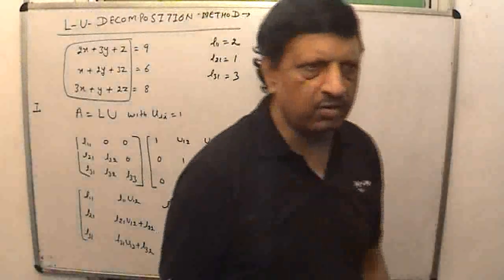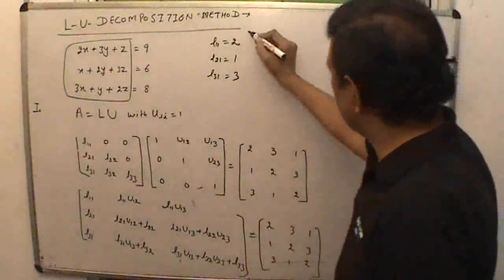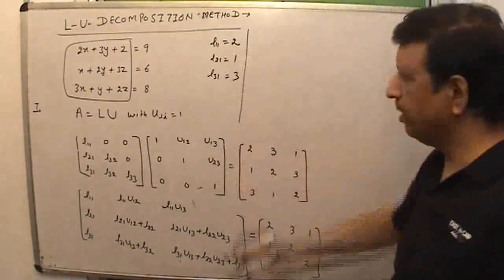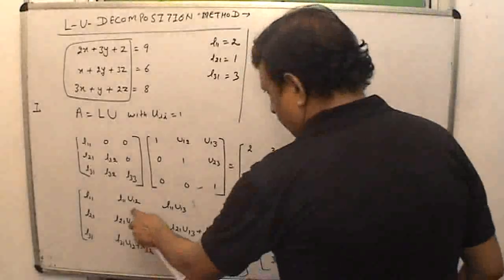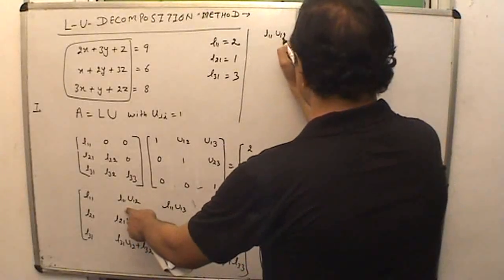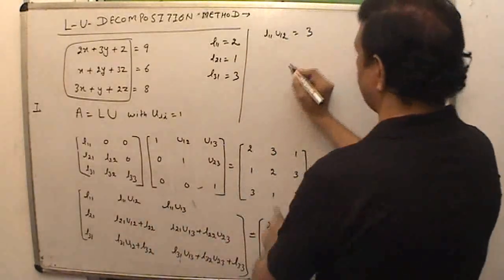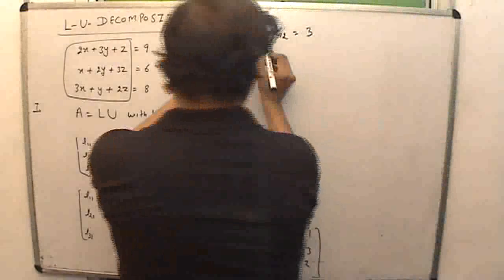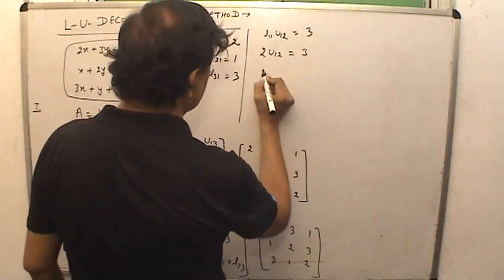Then out of the 9 constants, 3 constants are directly available. Now with the help of these 3 we can find the others also. Let us come now. This element, L11 U12, is equal to 3. Here put the value of L11, that is 2 into U12 is equal to 3.